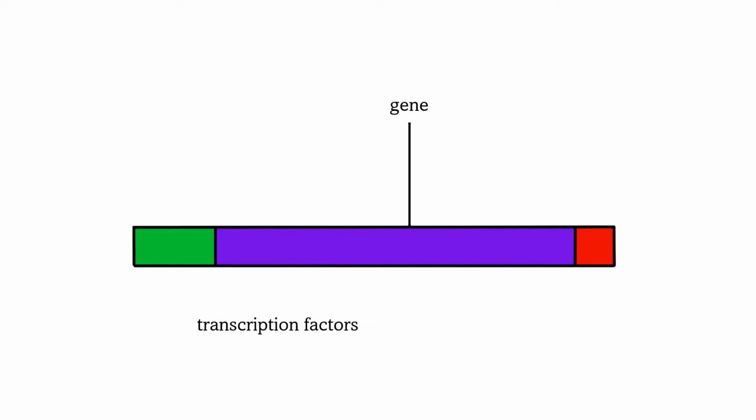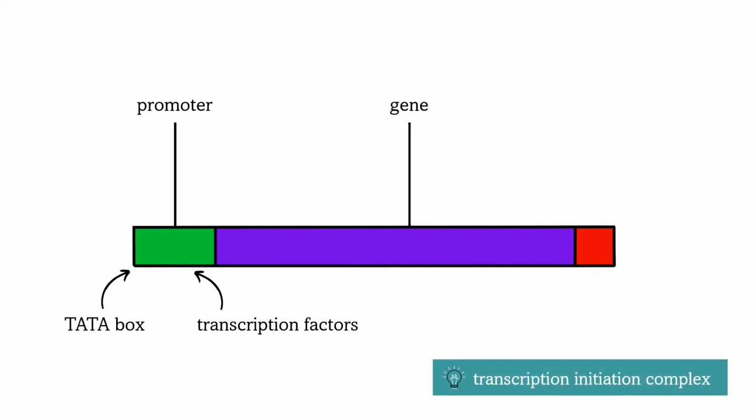These transcription factors bind to a region preceding the gene that we call promoter. This promoter often contains a sequence of thymine and adenine nucleotides, the so-called TATA box. The transcription factors, together with RNA polymerase, form a transcription initiation complex, and then transcription can start.